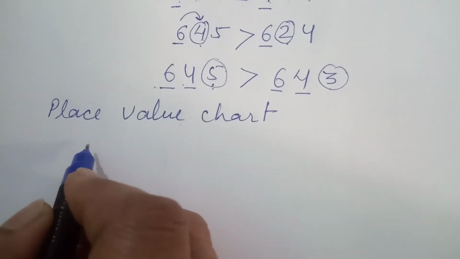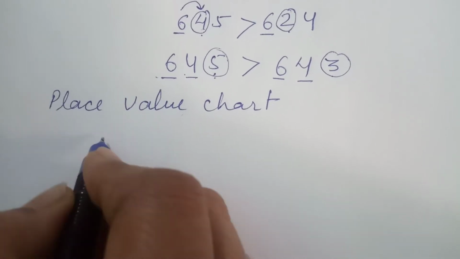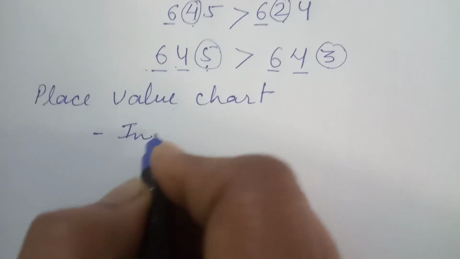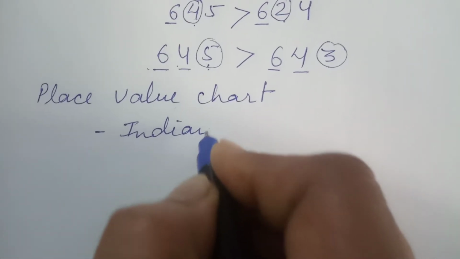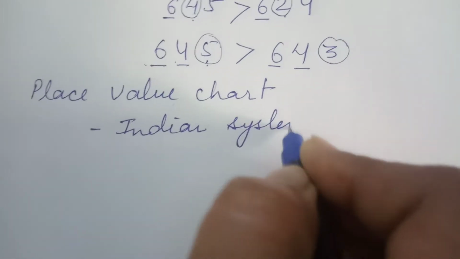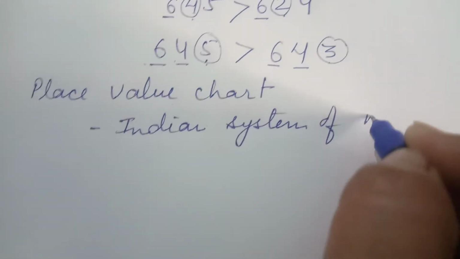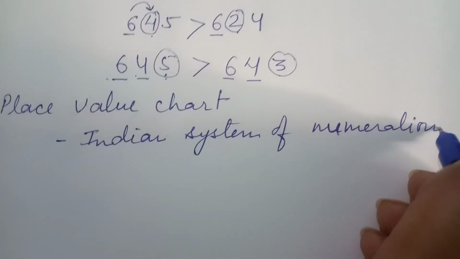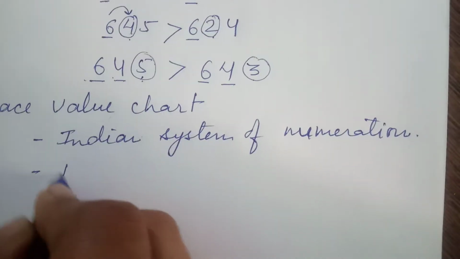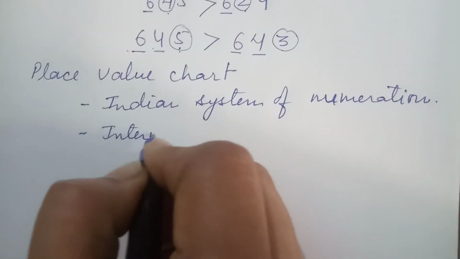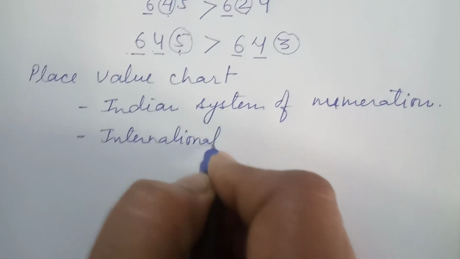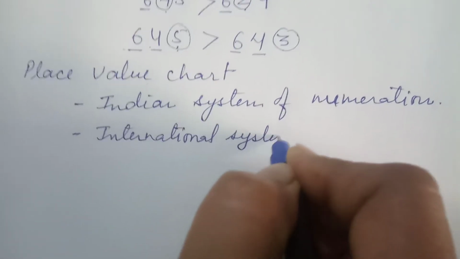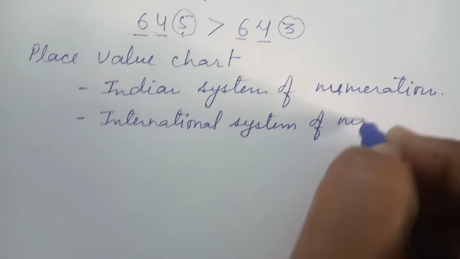There are two types of system of numeration. First is the Indian system of numeration and second is the international system of numeration.